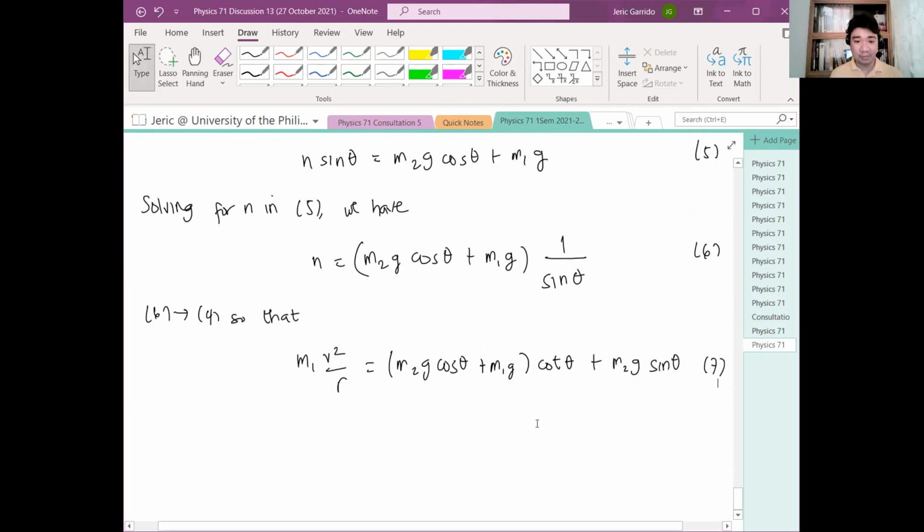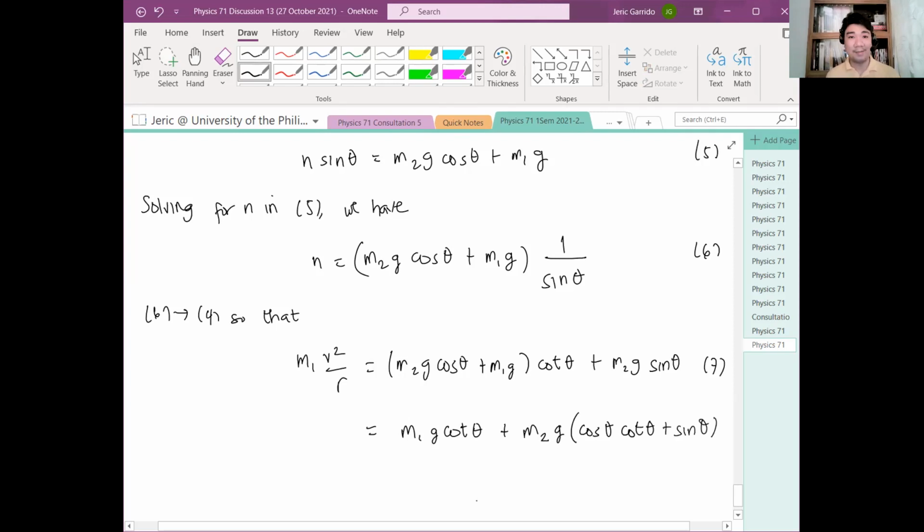And thus I can multiply by r over m1 and simplify this. Combining m1 and m2, I have m1g cotangent theta plus m2g multiplied by cosine theta cotangent theta plus sine theta.